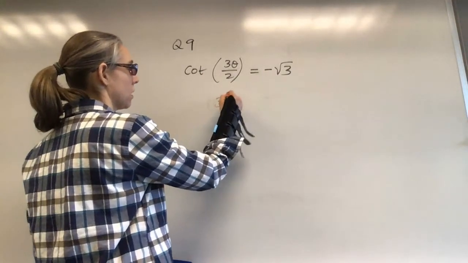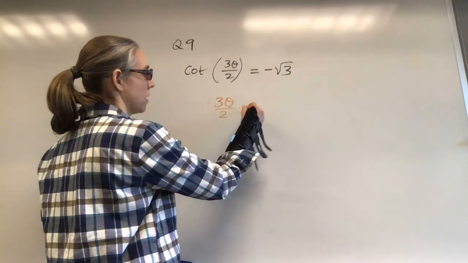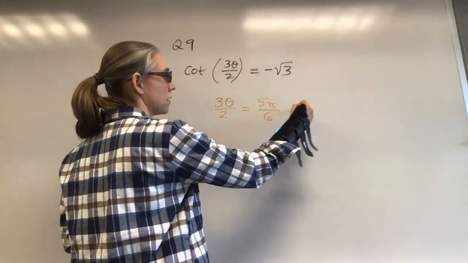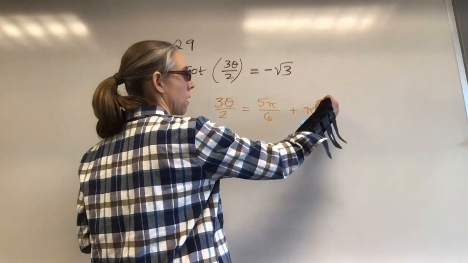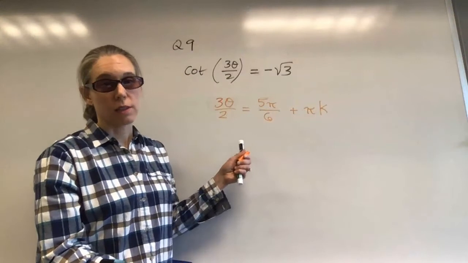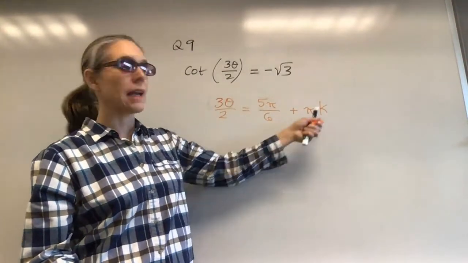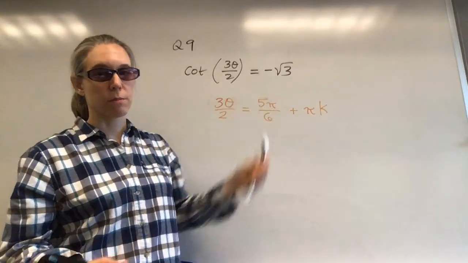So now 3 theta over 2 is equal to 5 pi over 6 plus pi k. There's no need to also list 11 pi over 6 because that value is pi k away from 5 pi over 6.